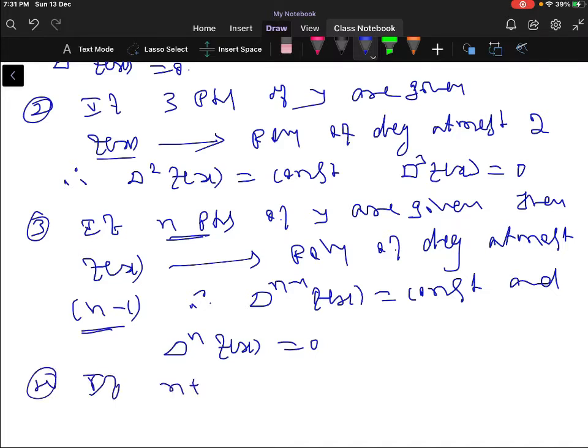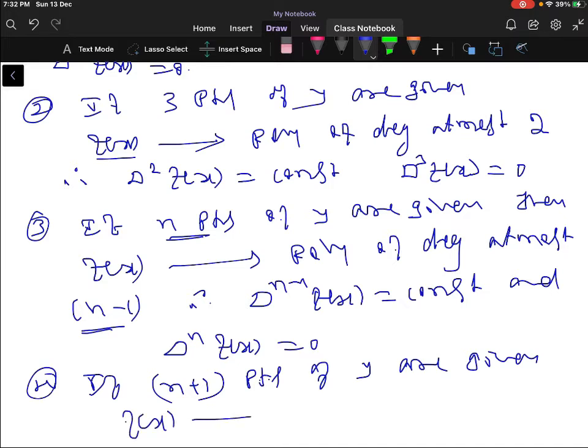Suppose n plus 1 points of y are given, then we can determine a unique polynomial of degree at most n.